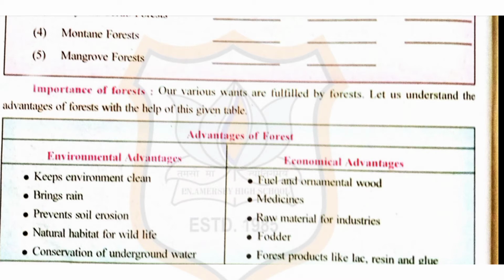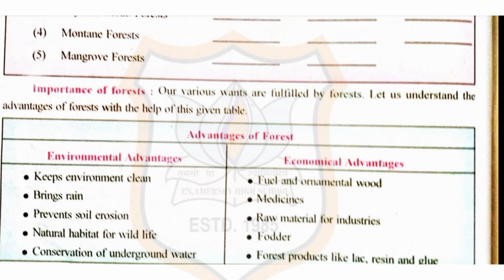First one is environmental advantage. Number 1, keeps environment clean. Number 2, brings rain. Number 3, prevents soil erosion. Number 4, natural habitat for wildlife. And number 5, conservation of underground water.